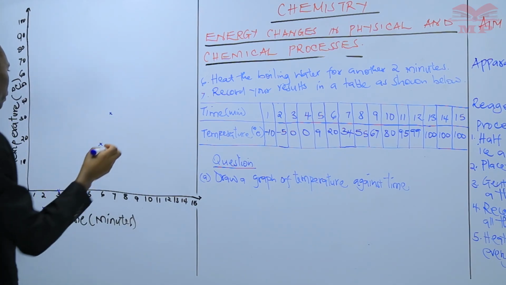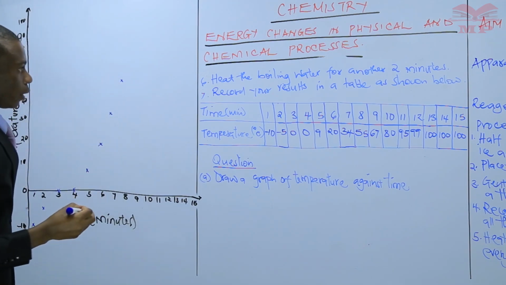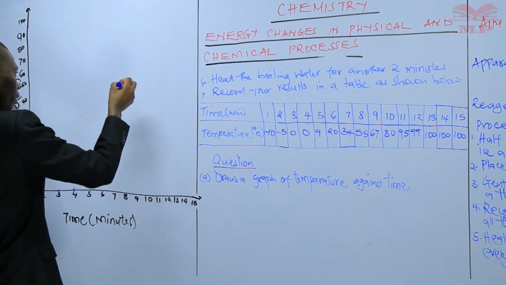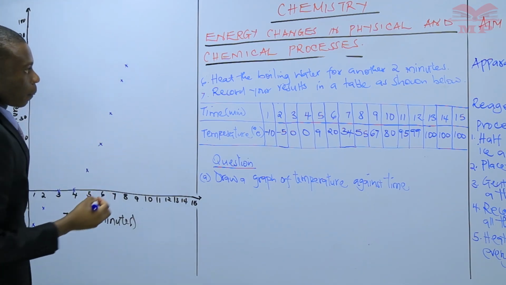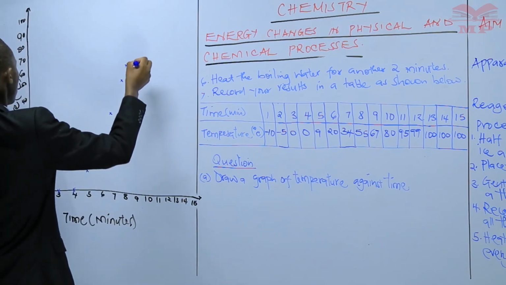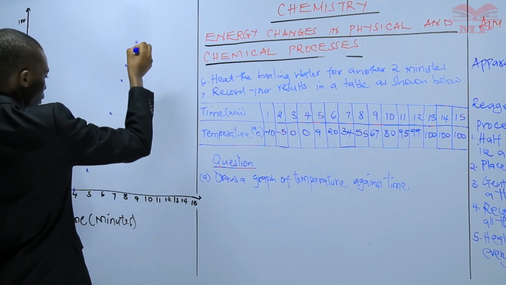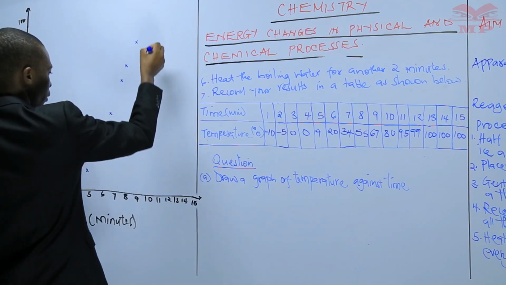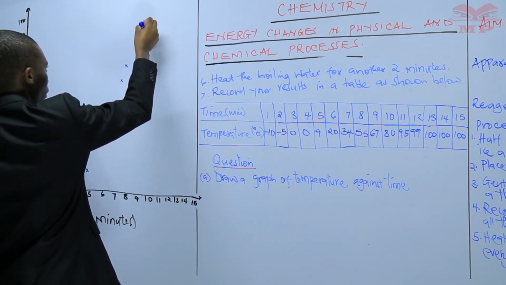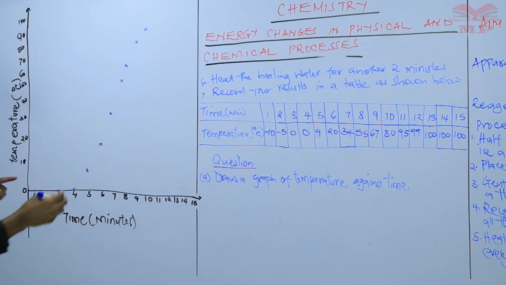Then 8, you have 55. Then 9, you have 67. 10, we have 80. 11, we have 95. 12, the 12th minute, we have 99.